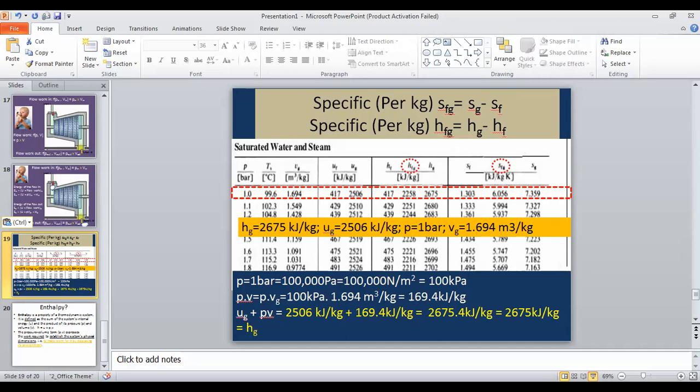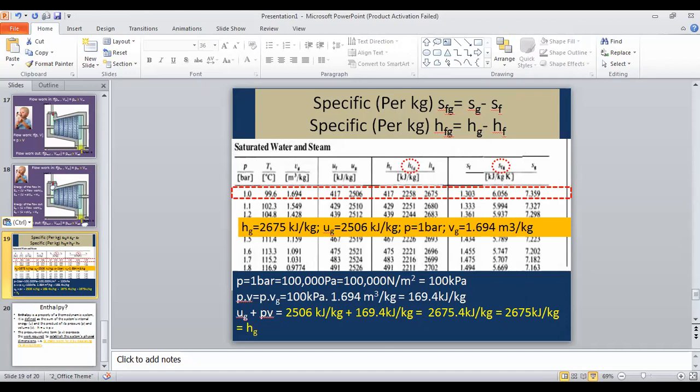So pressure times Vg here, because we have to have appropriate units, take note. So pressure is 100 kilopascal times the volume in meter cube per kg, which becomes 169.4. Pascal times the volume in meter cube per kg becomes kilojoule per kilogram. So this is P times Vg.